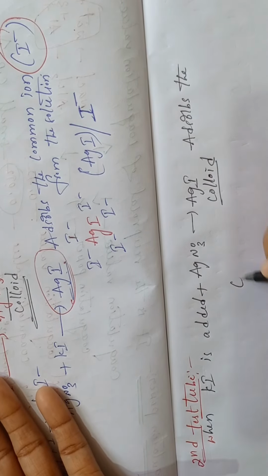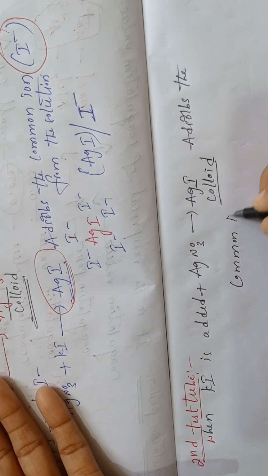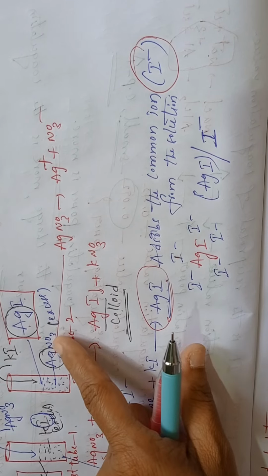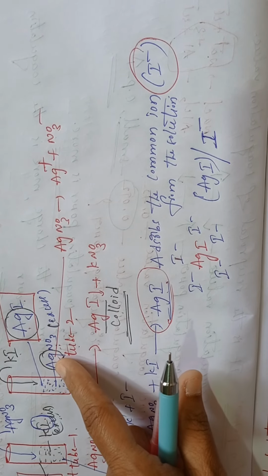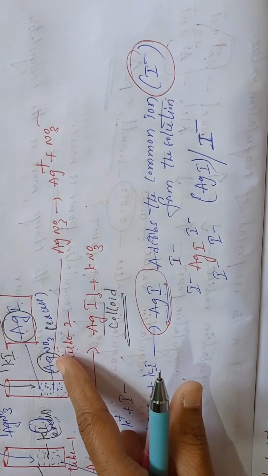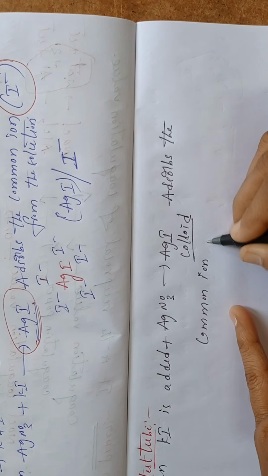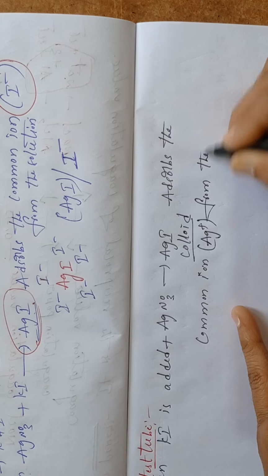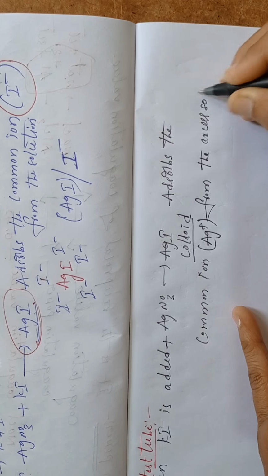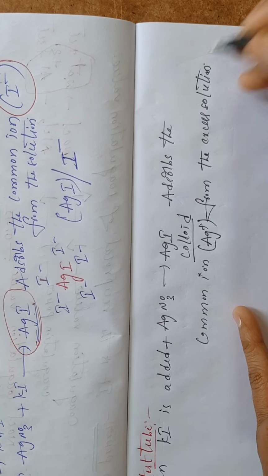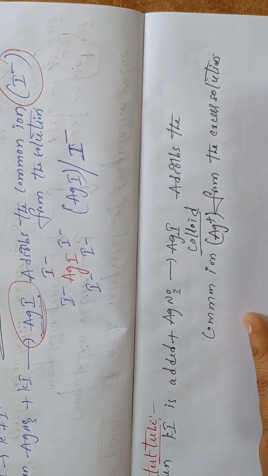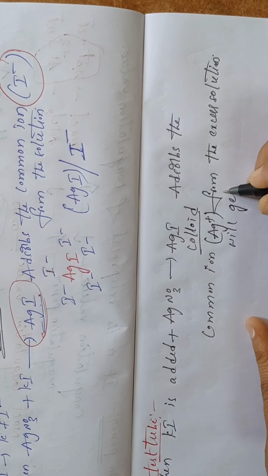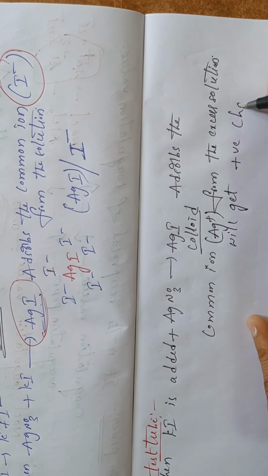This silver iodide colloid absorbs which ion, students? The common ion from the excess solution. What is the excess solution here? Silver nitrate. What is the common ion? Ag plus, correct? So the colloid absorbs the common ion Ag plus from the excess solution and gets a positive charge.